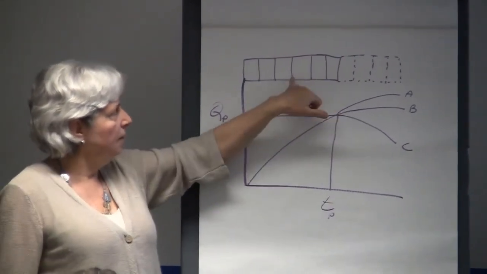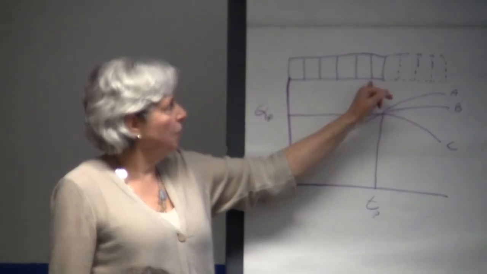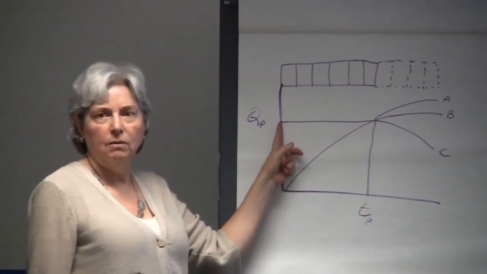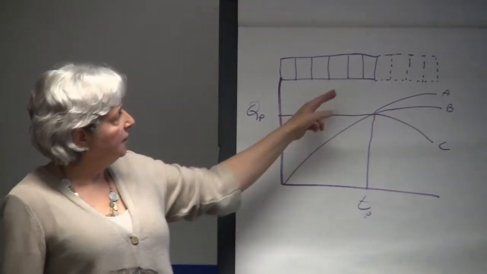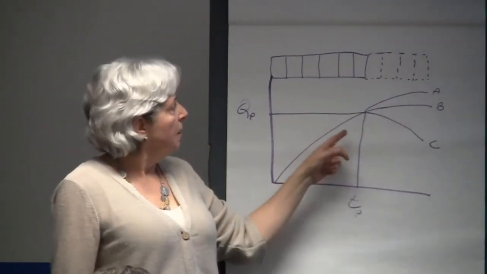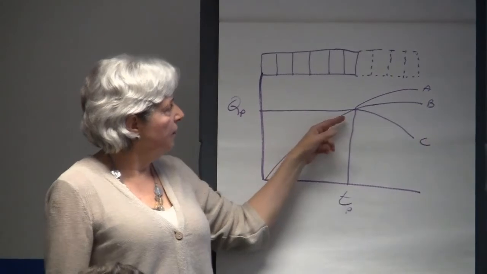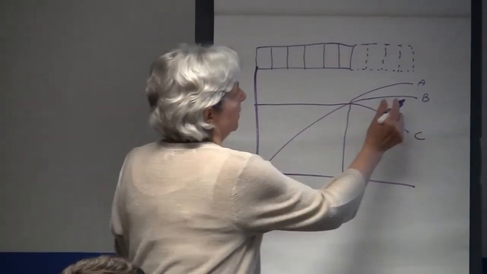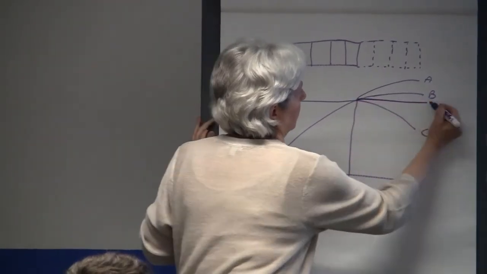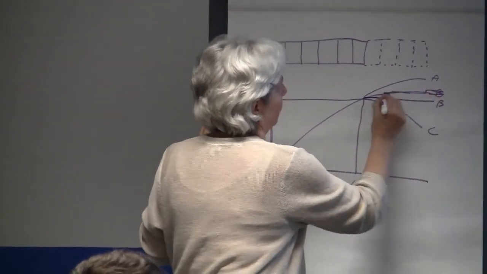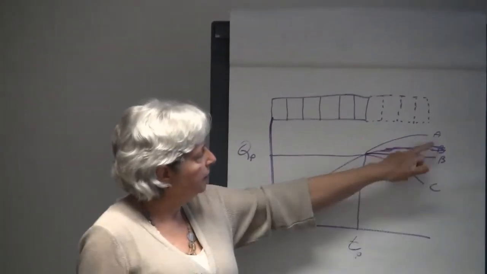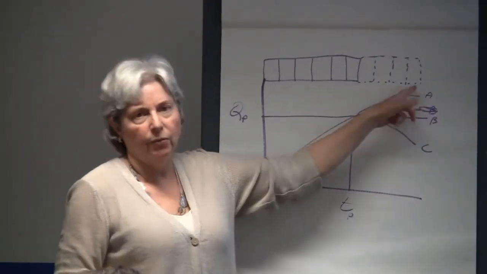So at the time to peak, intensity has been the same the whole time. And so you can come up here and find your peak flow. So let me ask you this. If it continued to rain, would the discharge stay the same? Would it increase or would it decrease as the rain continued?